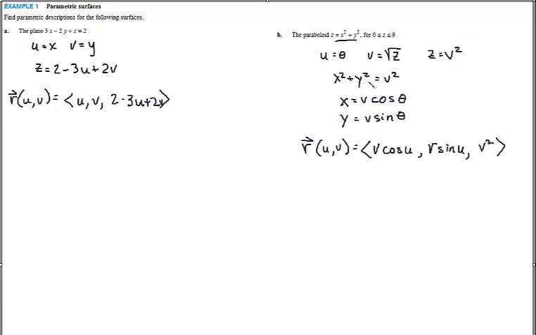Now if I do this, since u is theta, u is going to vary between 0 and 2 pi, obviously. And our v, because this is our limitation on z, varies between 0 and 3.